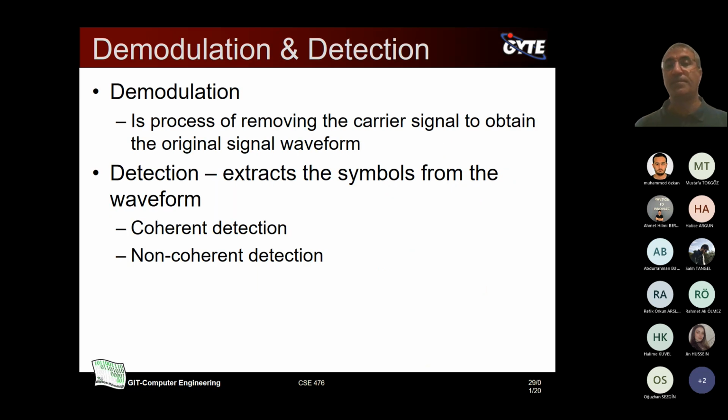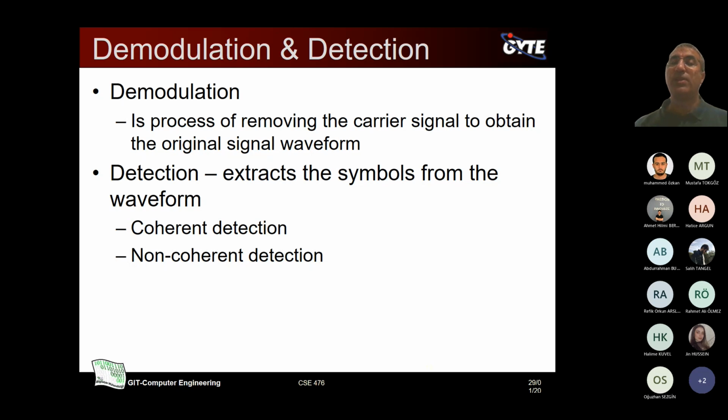Okay. So another process at the receiver side is called demodulation and detection. So far we talked about modulation. We modulated the signal, transmitted it over the antenna, and it goes through the channel. Now we receive it at the receiver side. How are we going to extract the information from the received signal?